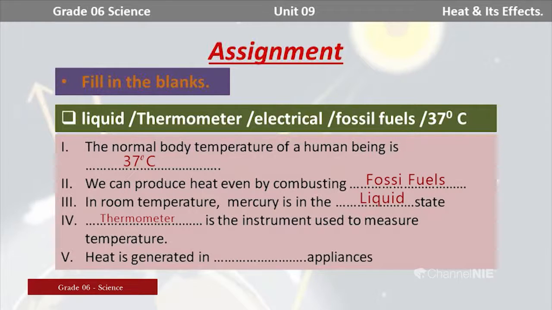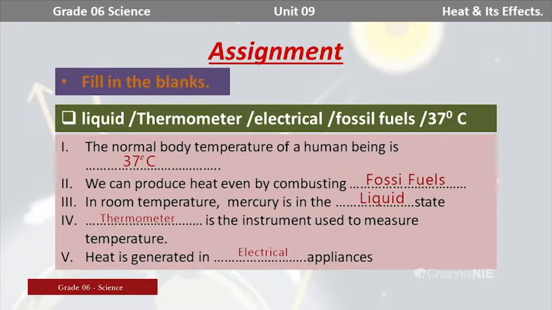Heat is generated in which appliances? Right? What is the remaining answer? Electrical. Heat is generated in electrical appliances. Right? Now, the sentences are complete. Let's read them once again. The normal body temperature of a human being is 37 degrees Celsius, and we can produce heat even by combusting fossil fuels.